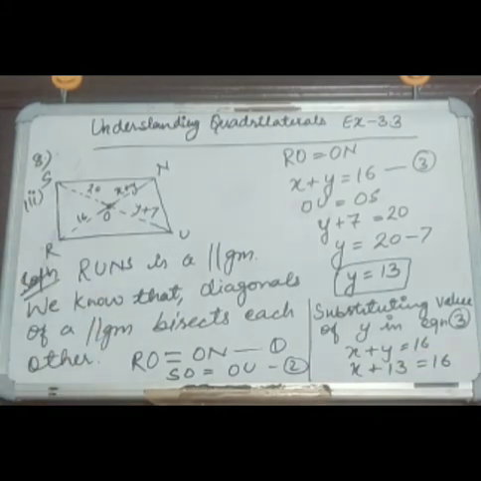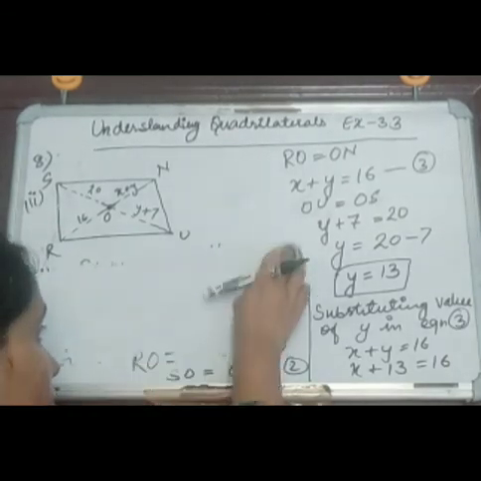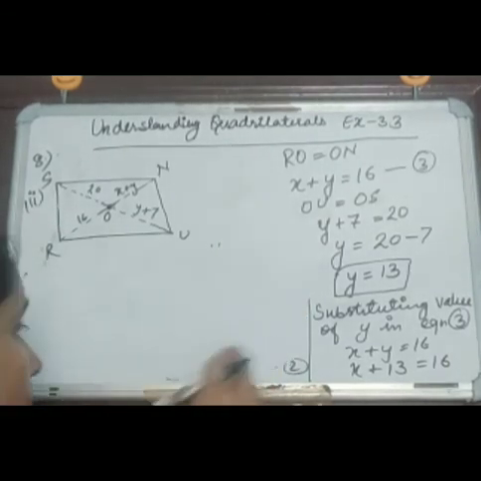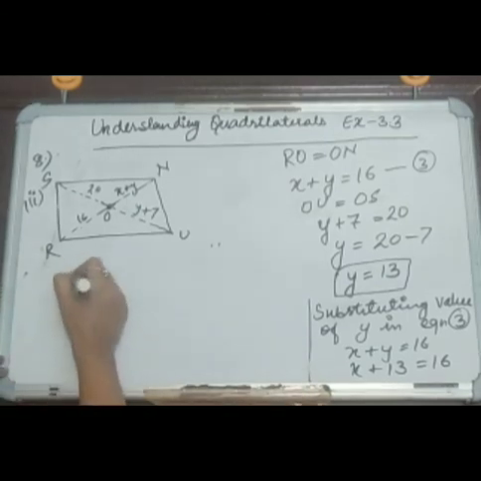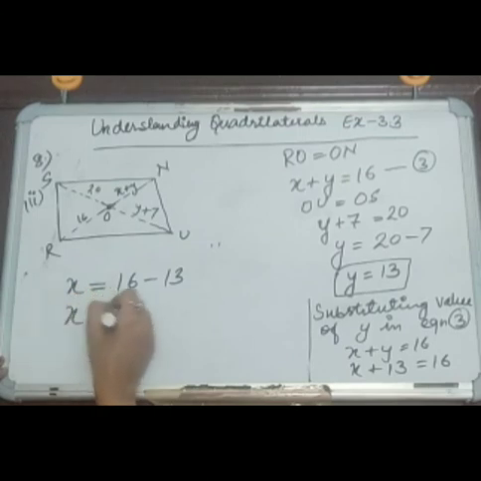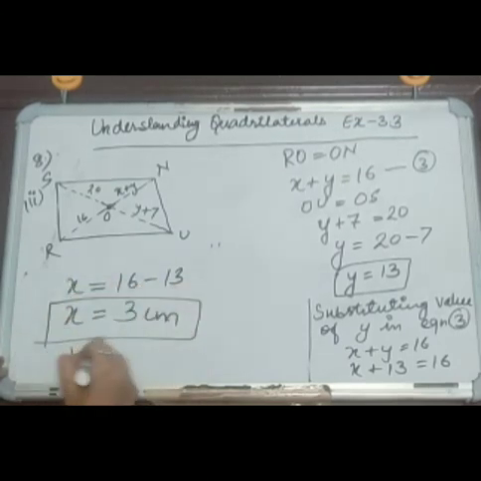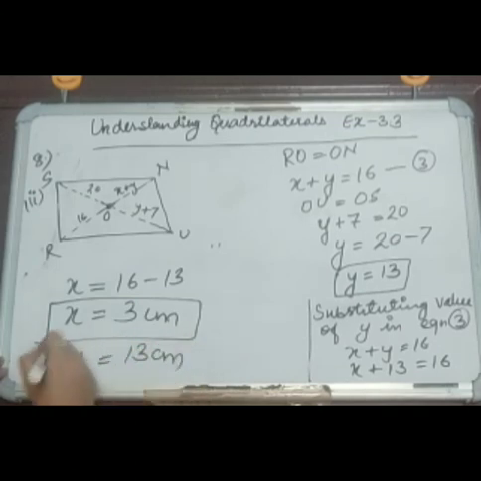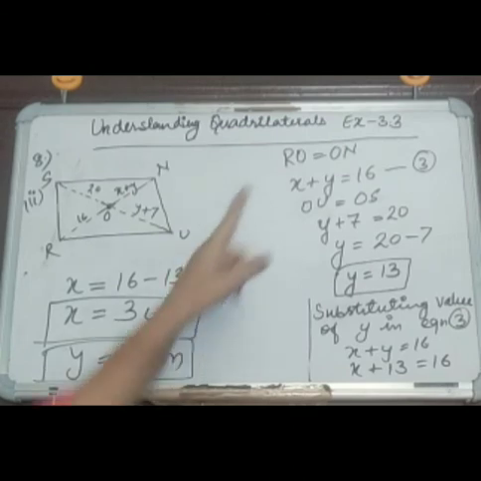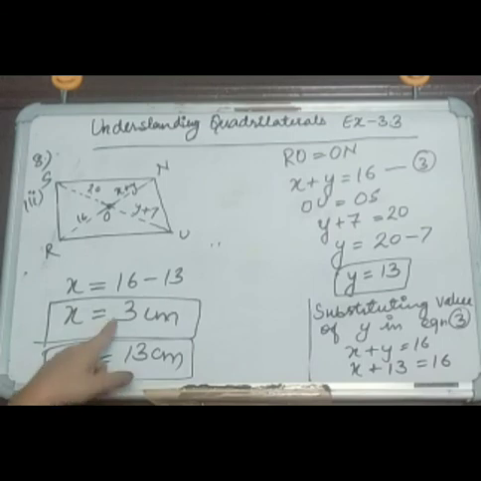So from here I will get the value of x: x is equal to 16 minus 13. So x is equal to 3 centimeter, and y I got is 13 centimeter. Understood? For checking your answer, x plus y is given as 16, so you can add and you will get 16. Understood?